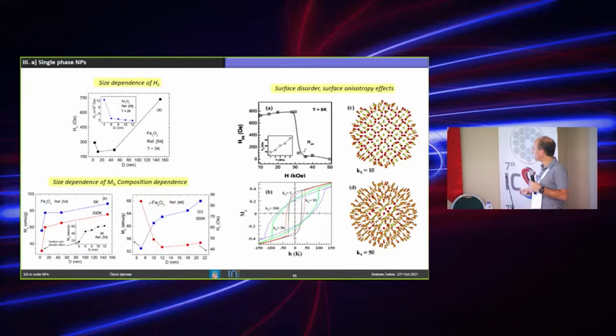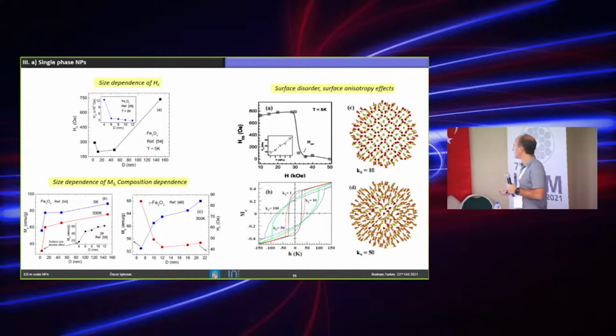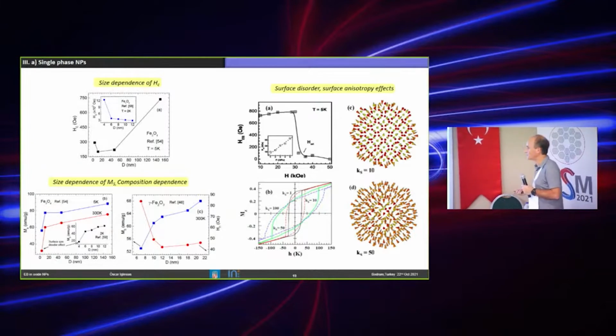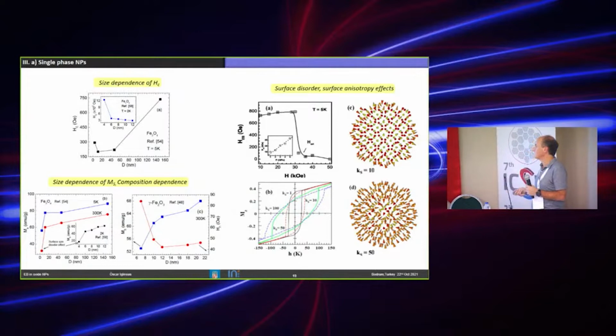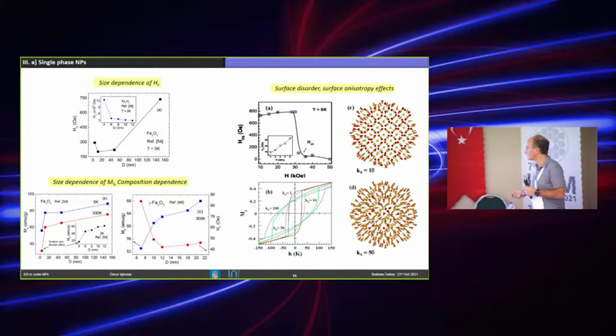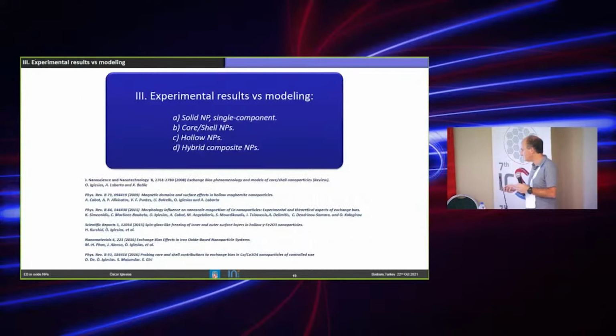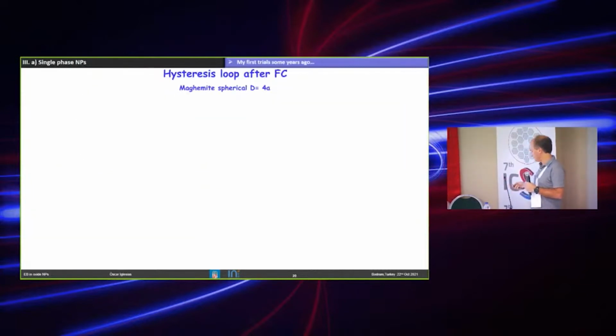This surface anisotropy increases or decreases depending on the size, and as you can see, the effect of increasing or decreasing the surface anisotropy is to change completely the ferromagnetic character of the particle towards a more elongated hysteresis loop, with which sometimes, when this loop is not extended to very high fields, induces some shift, which is due to this effect only. So apart from this, the composition dependence of the particle, I mean, the specific oxidation state, also influences the particle's magnetization at the individual level.